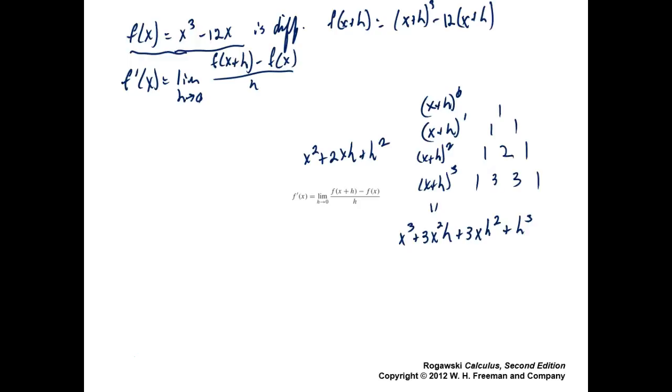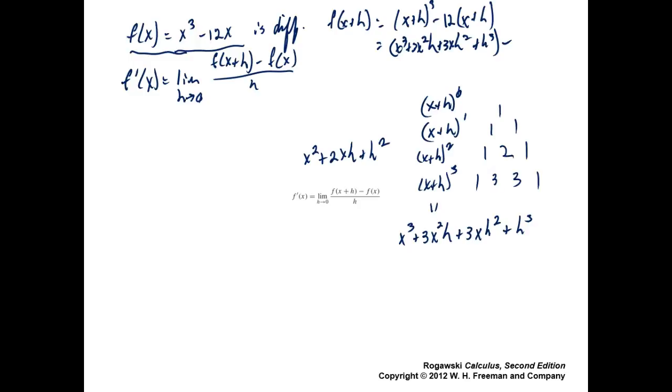So let's write that in. This is equal to x cubed plus 3x squared h plus 3xh squared plus h cubed minus what? The line just above it.